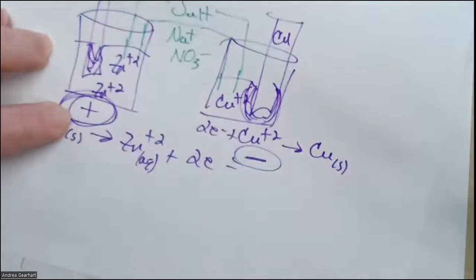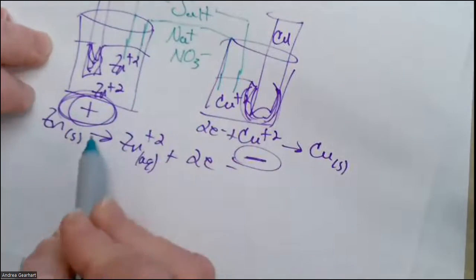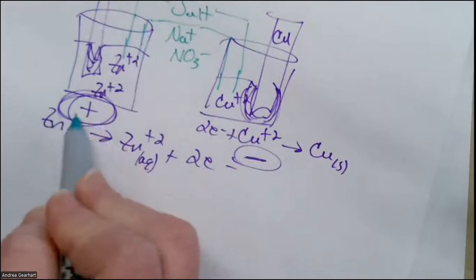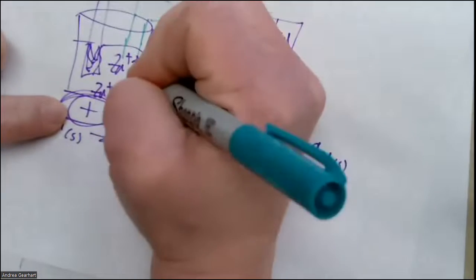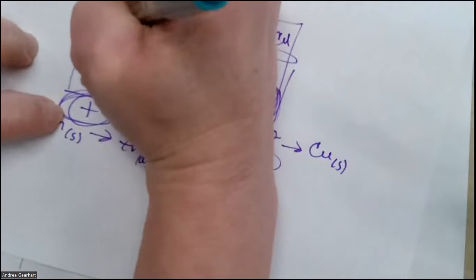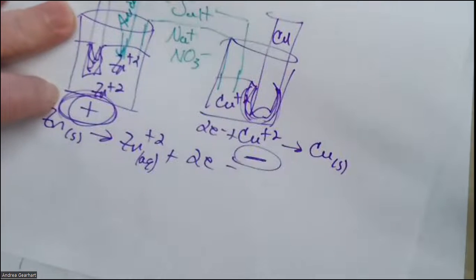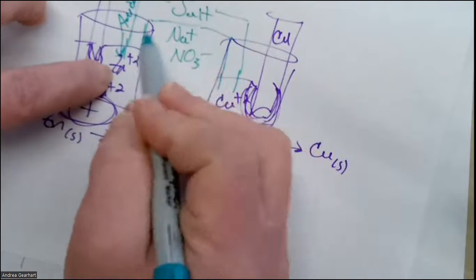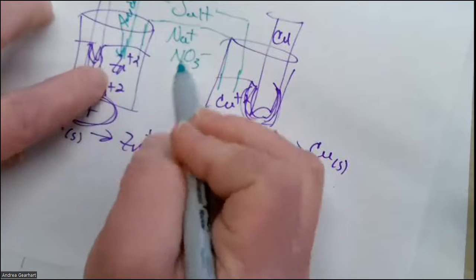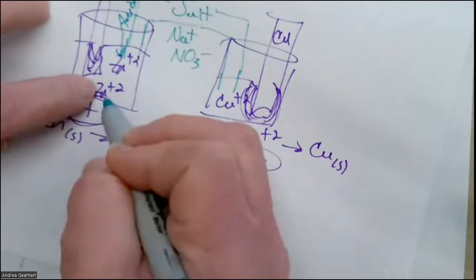To maintain electrical neutrality, what will flow into this anode to prevent us from building up charge? Yes, the anion, in this case, will flow in that direction. So as we form one zinc 2+, 2 nitrates will come in. As we form another one, another 2 will come in.